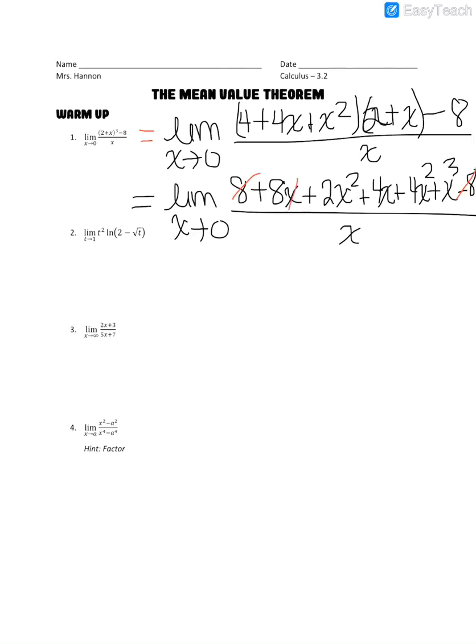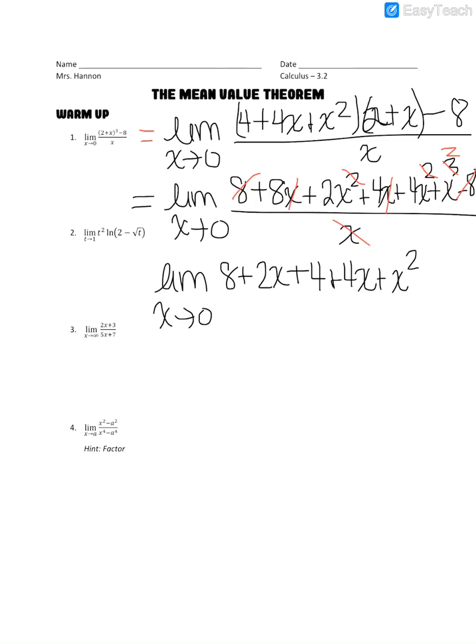So this x is gone, that's a 1, that x is gone, that's a 1, that's a 2, and that's gone. Now I have 8 plus 2x plus 4 plus 4x plus x squared. X is 0, so the only things that are not going to disappear are the 8 and the 4, so this equals 12.